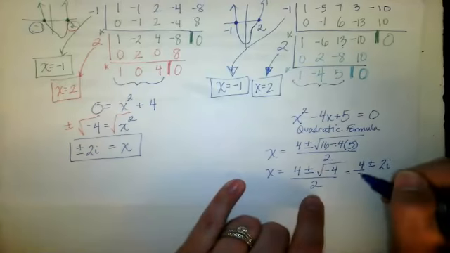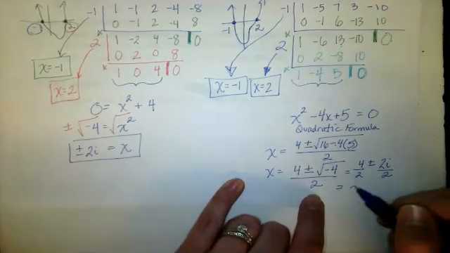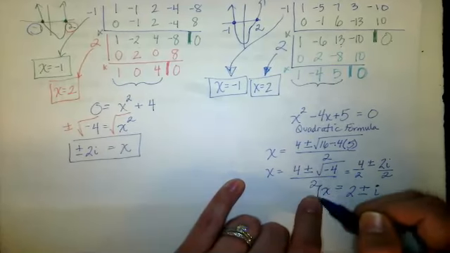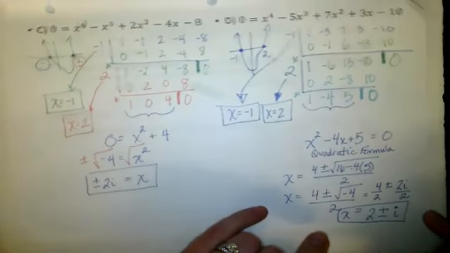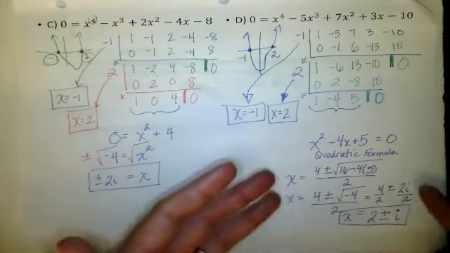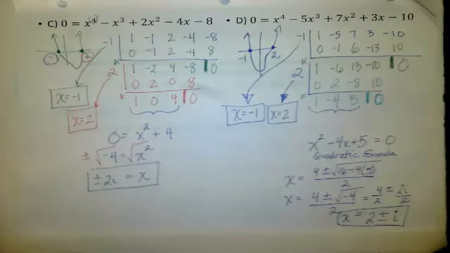And we're going to divide each of those by 2. And that's going to give me 2 plus or minus i. Excellent. So if you can't factor, and if you can't just use the square root method, then you must resort to the quadratic formula.